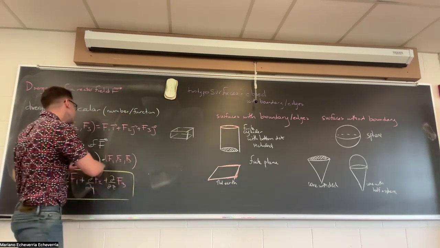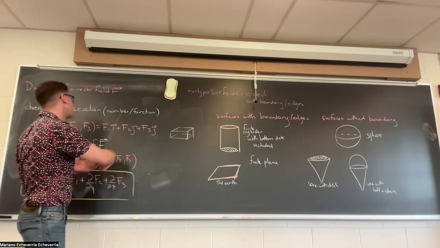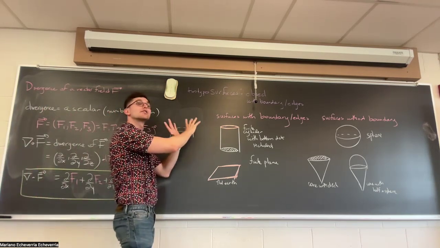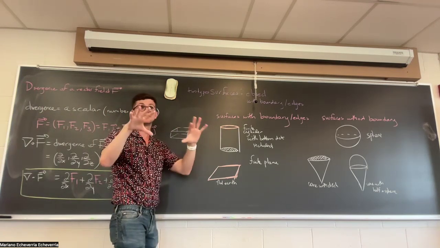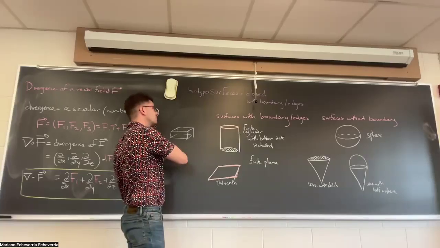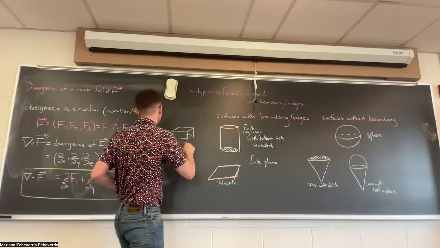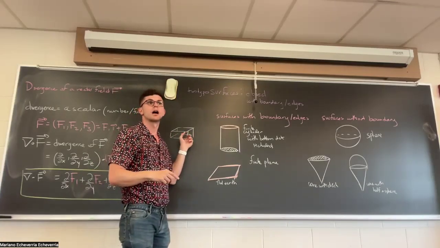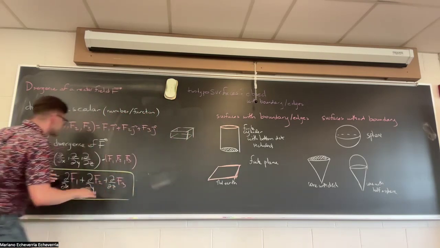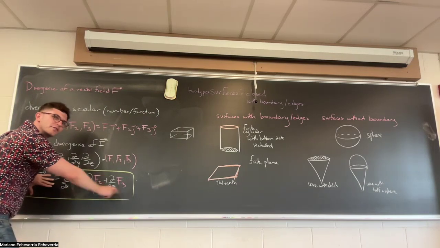So the reason this appears is just because when you check it out on a specific case, you realize the flux ends up agreeing with integrating this thing inside the cube. So you find out this quantity first.